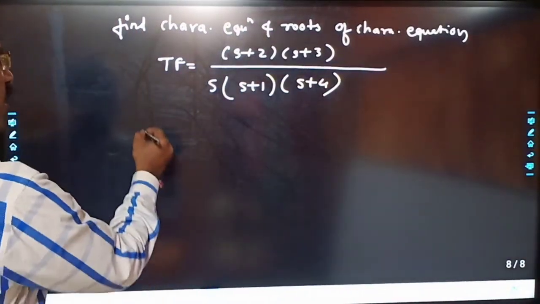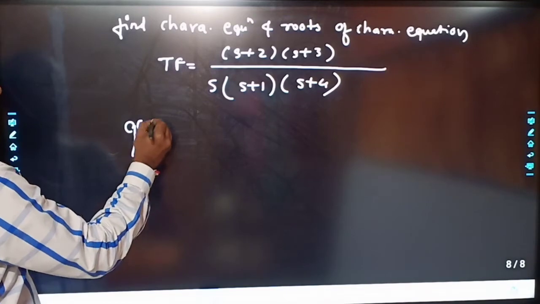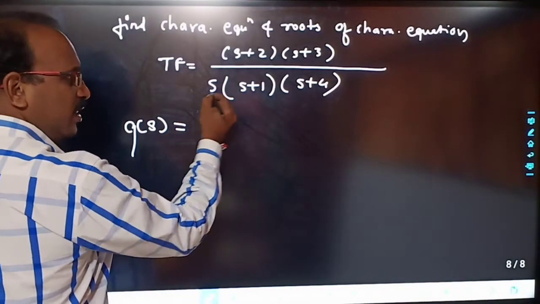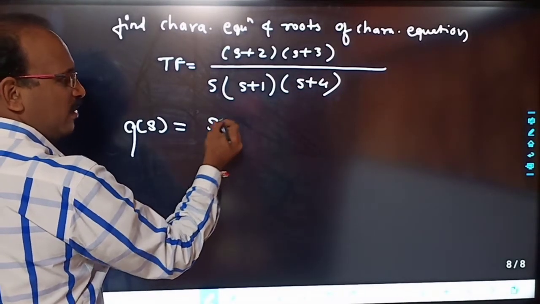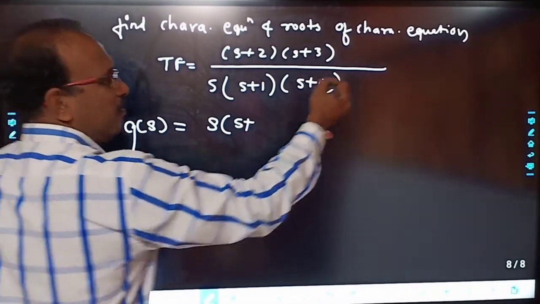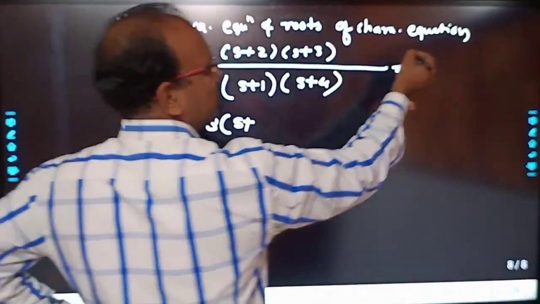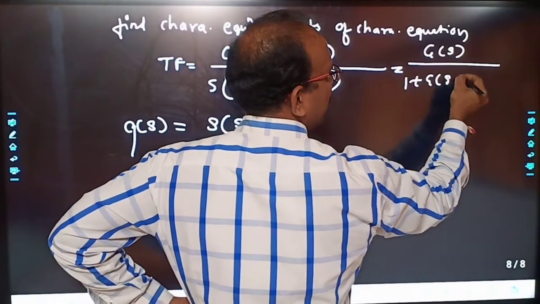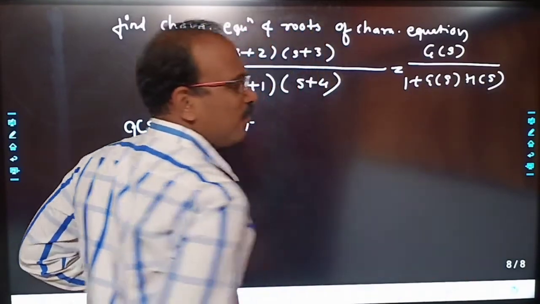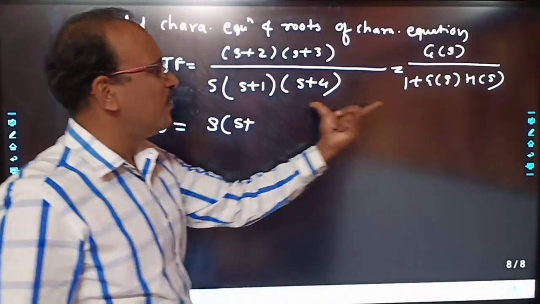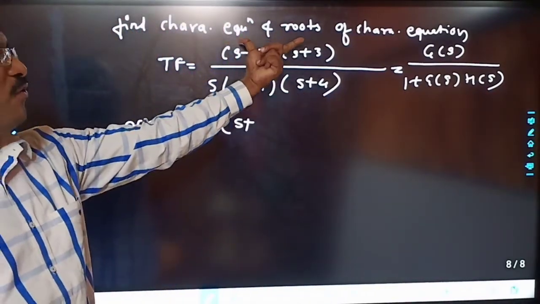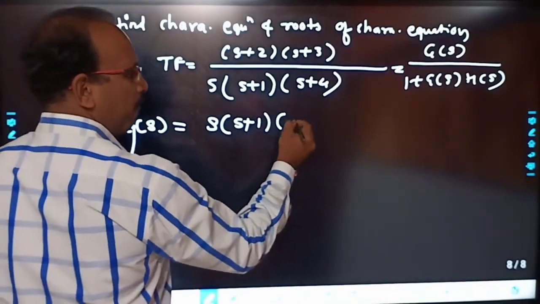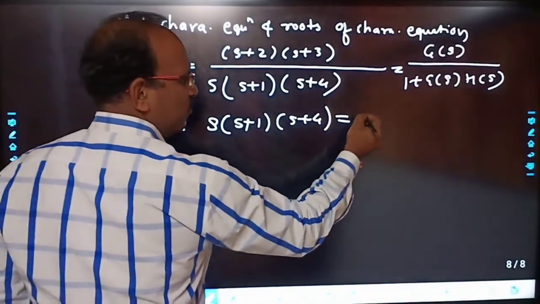You know the characteristic equation is always presented by q of s. The standard system is g of s upon 1 plus g of s into h of s. This particular thing is called the characteristic equation, set equal to 0.